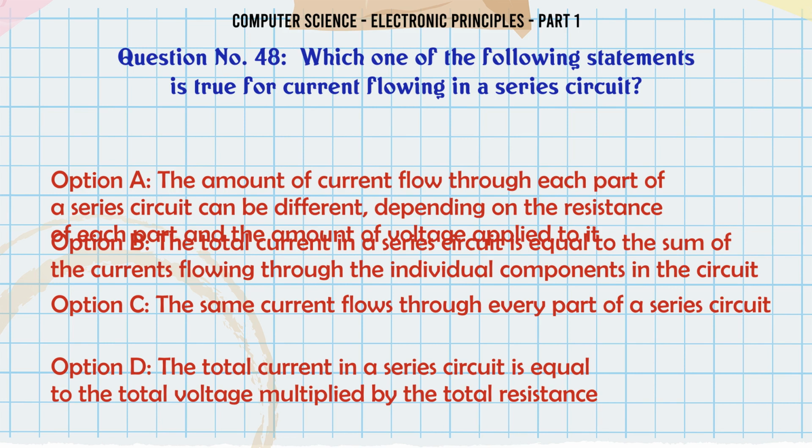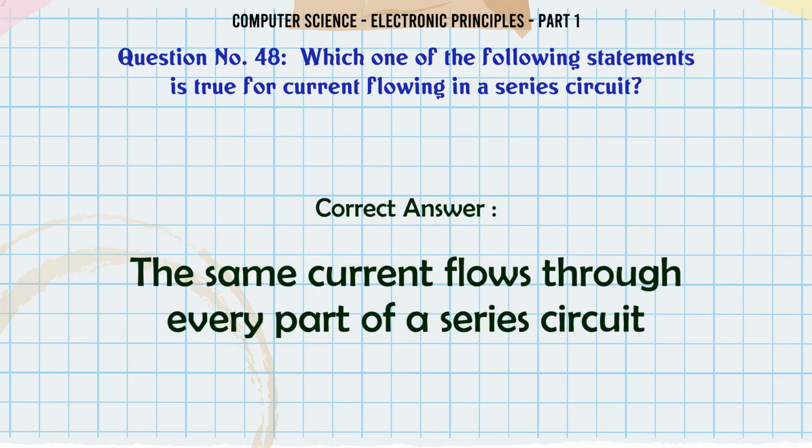C. The same current flows through every part of a series circuit. D. The total current in a series circuit is equal to the total voltage multiplied by the total resistance. The correct answer is the same current flows through every part of a series circuit.